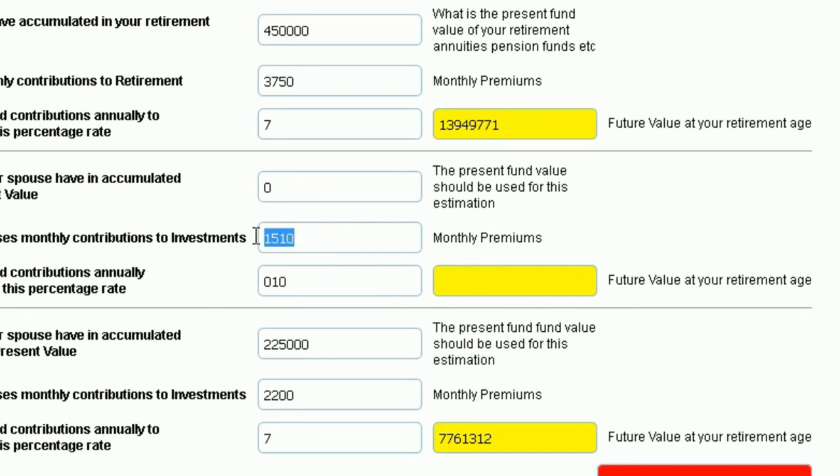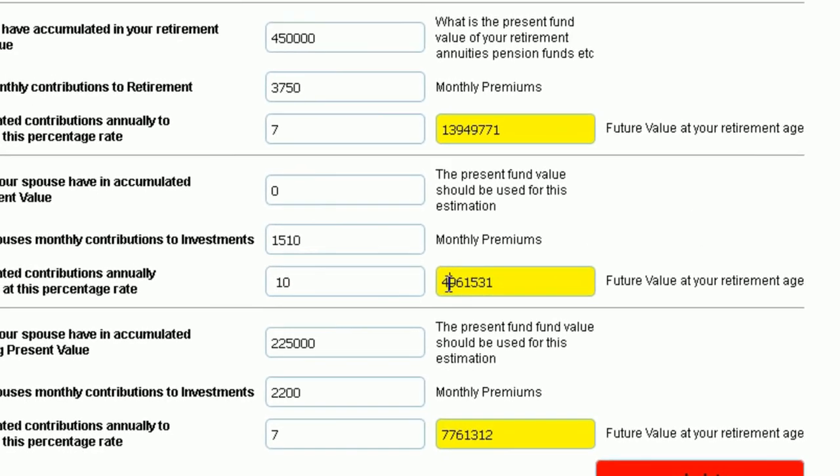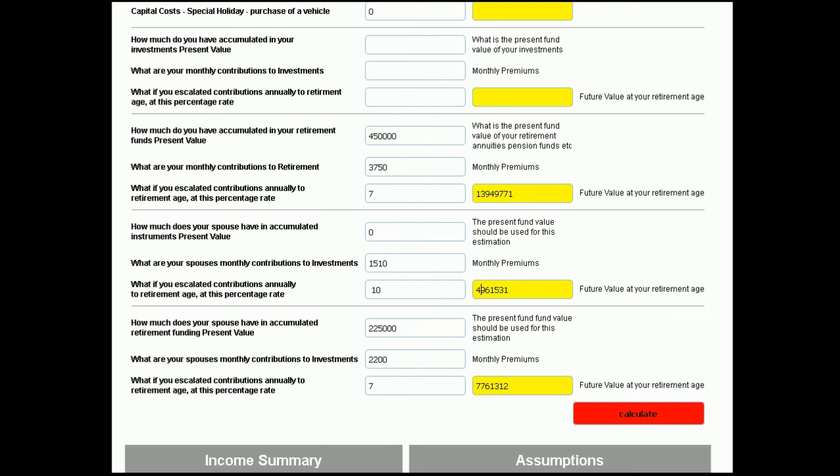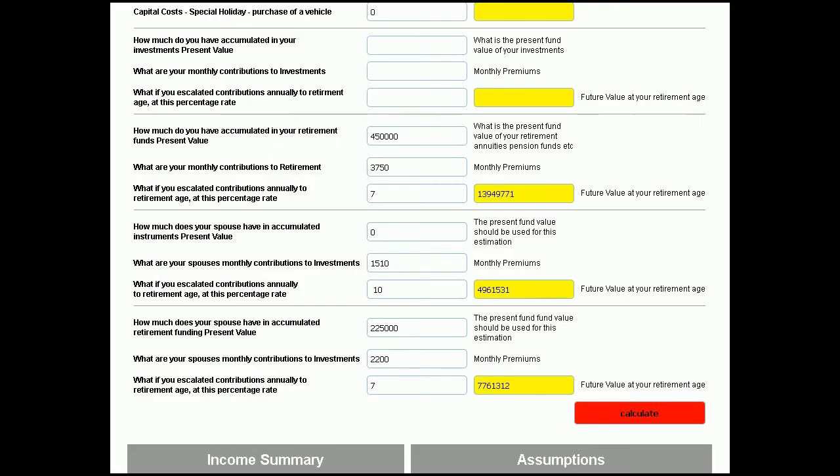So the contribution of 1,510 Rand will increase by 10% per annum, and that will result in 4.9 million Rand also being available at retirement age of 65.